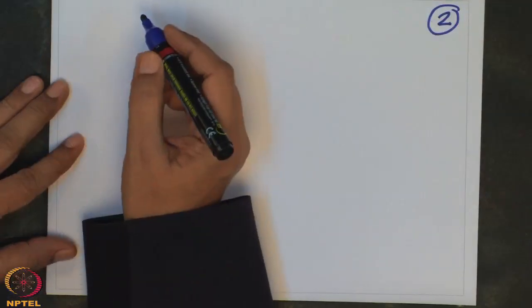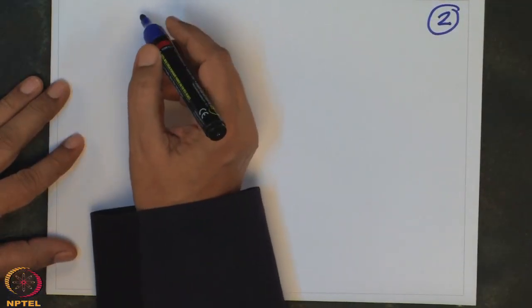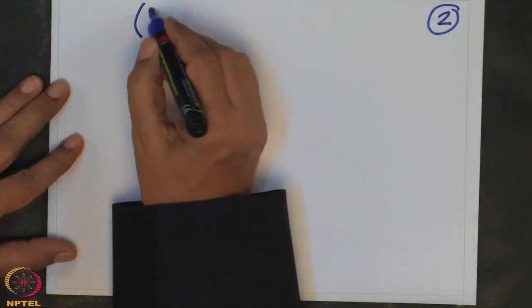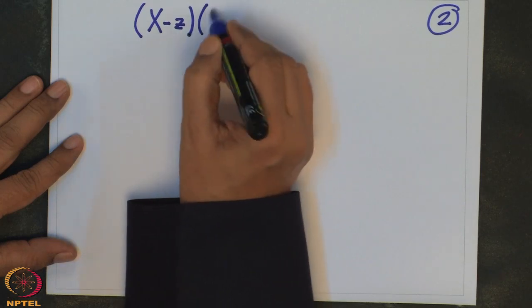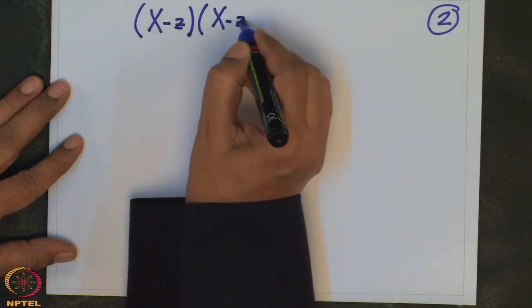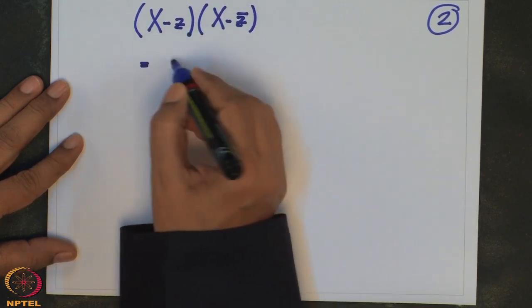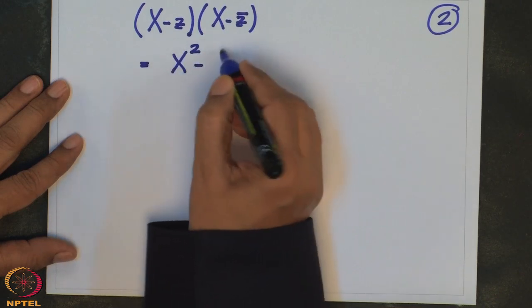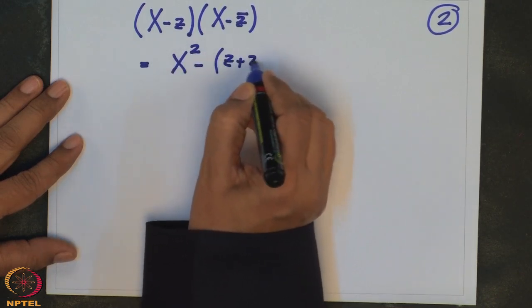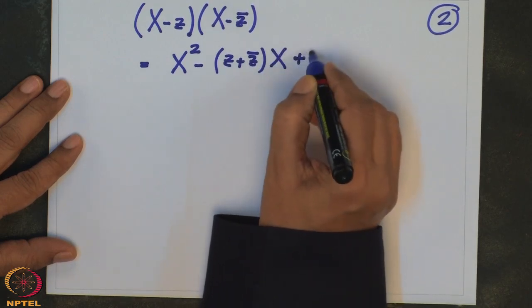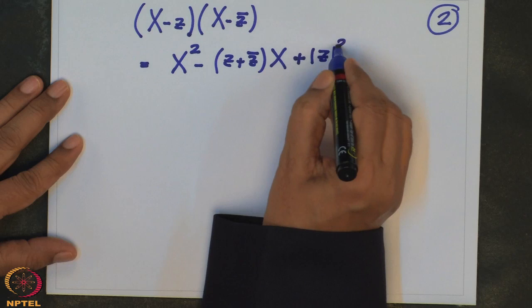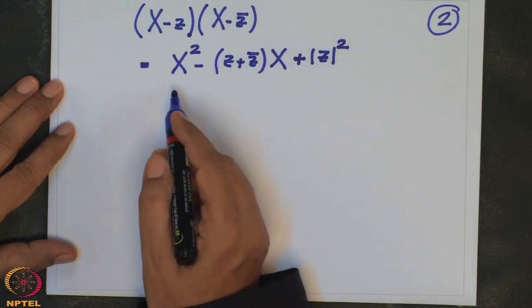So the best way to do it is, you want a real polynomial and the degree is at most 2. So obviously x minus z should be a factor and the other factor will be x minus z bar. This polynomial is x squared minus (z plus z bar) x plus |z| squared. This is the minimal polynomial.